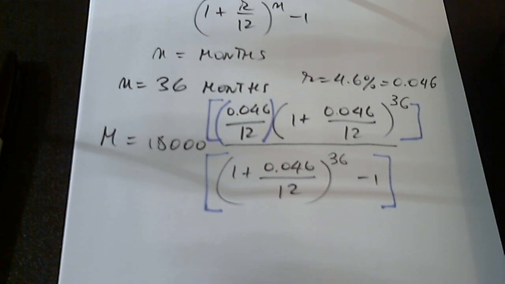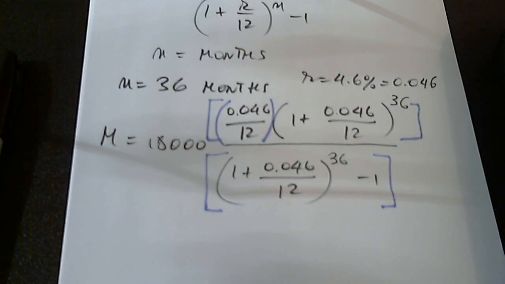So 18,000. Stop me if you have questions. Remember, this is not a monologue. The left parenthesis for the top, another left parenthesis, 0.046 divided by 12. Close.